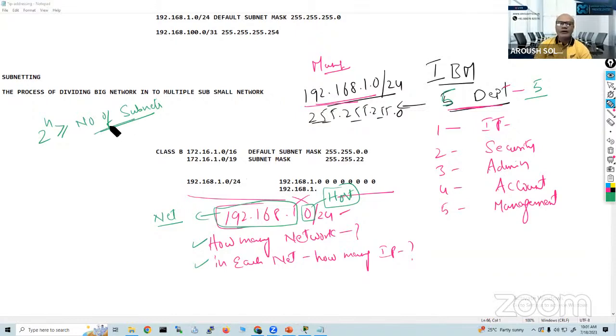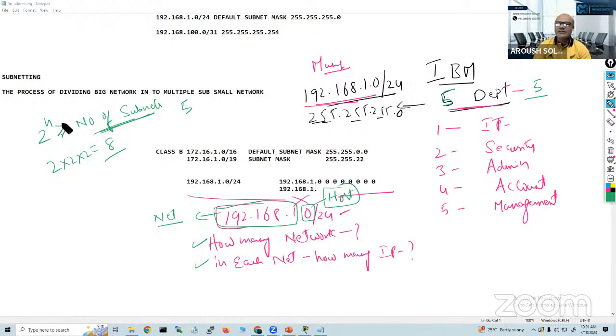I think he already knows, but it's very simple. 2 to the power of n is greater than or equal to the number of subnets. 2 to the 1 is 2, 2 to the 2 is 4, 2 to the 3 is 8. So the number of subnets we want is 5.